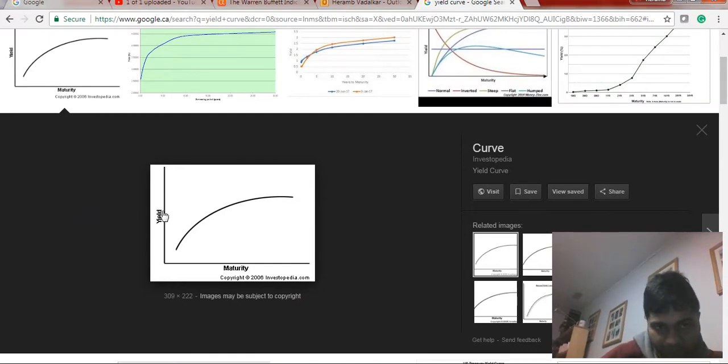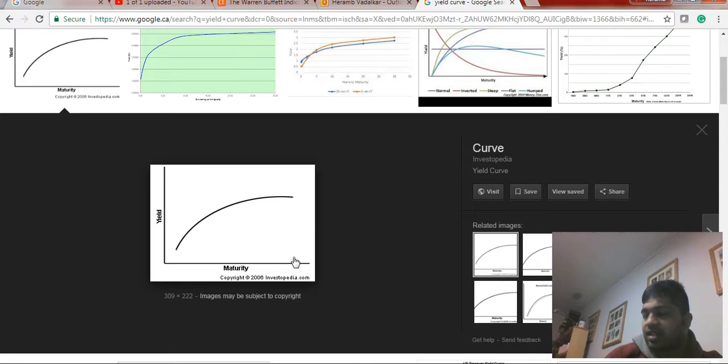It's a graph between how much yield are you getting, how much interest are you getting, how much returns are you getting vis-a-vis maturity of assets, maturity of debt. So example, a 6-month maturity instrument will have a yield that is lower than a 30-year maturity instrument.